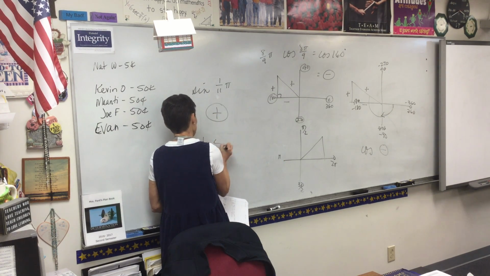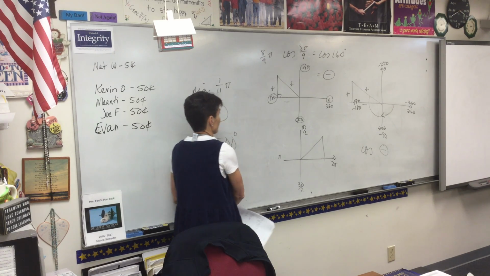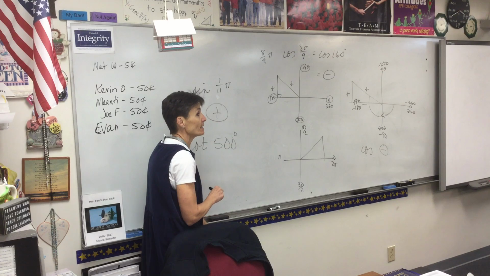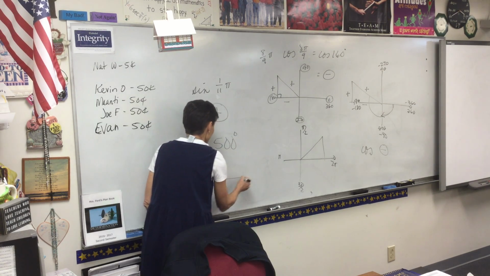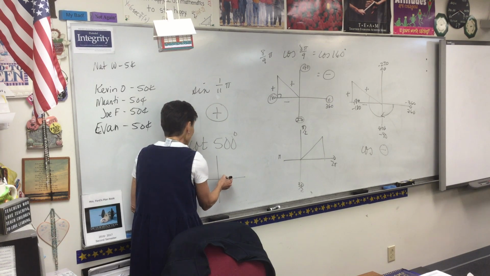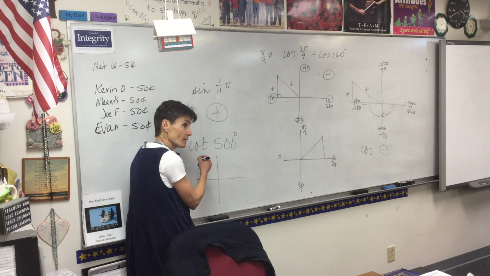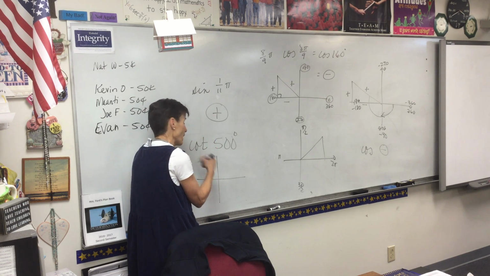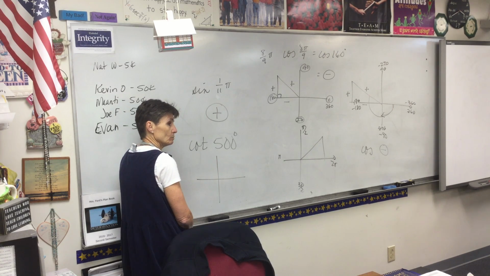Cotangent 500, oh good grief. What's different about this one? It's bigger than 360. So if I'm not drawing a picture of this, I would have to go all the way around and then some. If I went all the way around, how much more would I have to go?